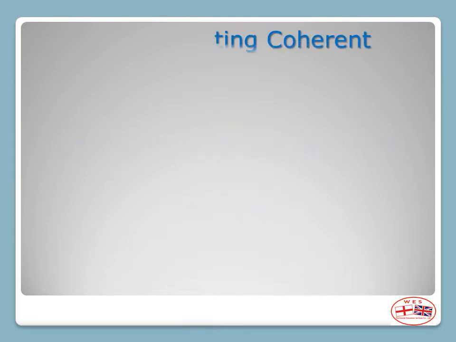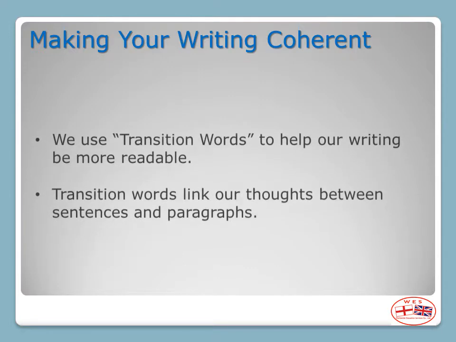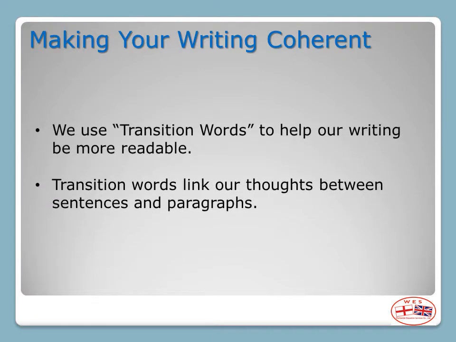Today we are going to be looking at how to make your writing more coherent, so it's easier understood by the reader. To help us do this, we use what are called transition words. These transition words are like signposts.